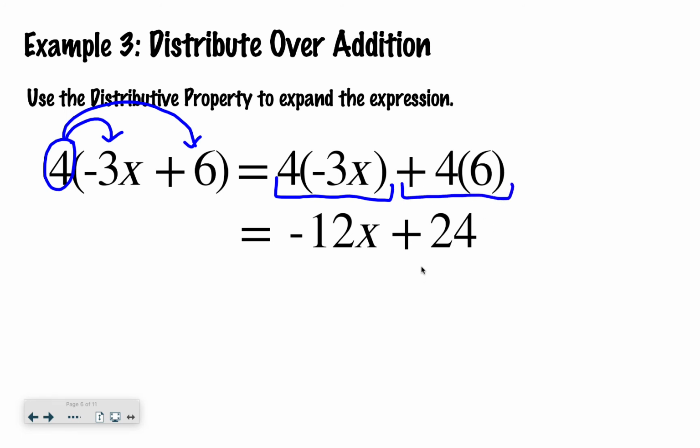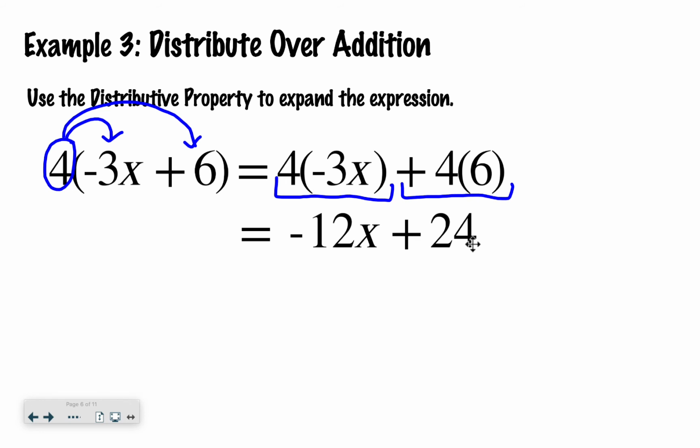Okay, so when you are asked to expand an expression, that means that they want you to write it like this first and then move on to simplifying. So 4 times negative 3 is negative 12x, and then 4 times 6 is 24. So your final answer is negative 12x plus 24.